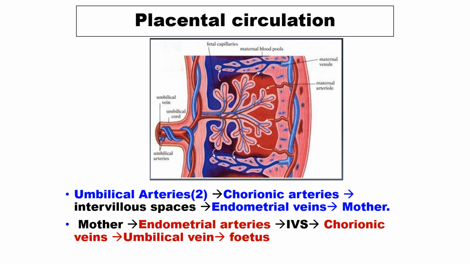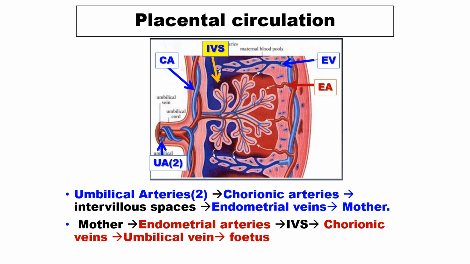Placental circulation starts from the umbilical arteries, which are two in number and carry deoxygenated blood from the fetus. They become continuous with the chorionic arteries, and the chorionic arteries finally enter the intervillous spaces, and this deoxygenated blood is drained by the endometrial veins to the mother.